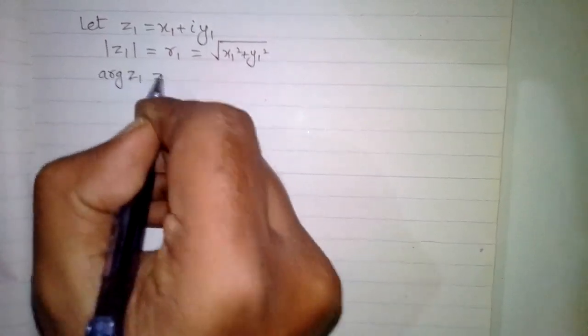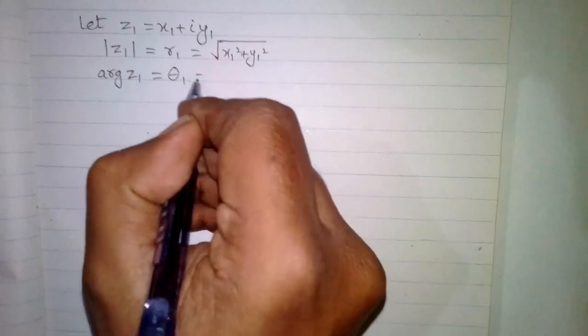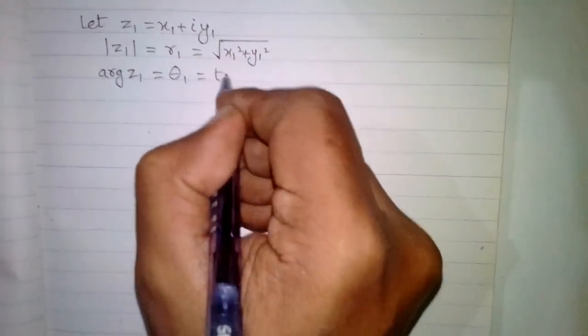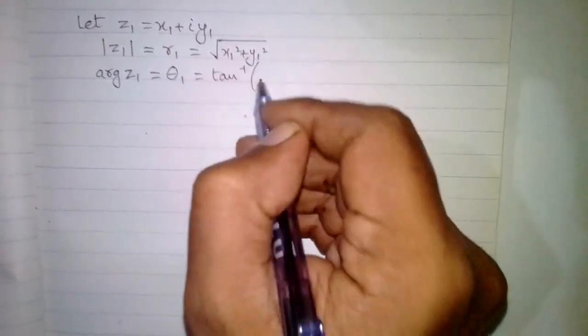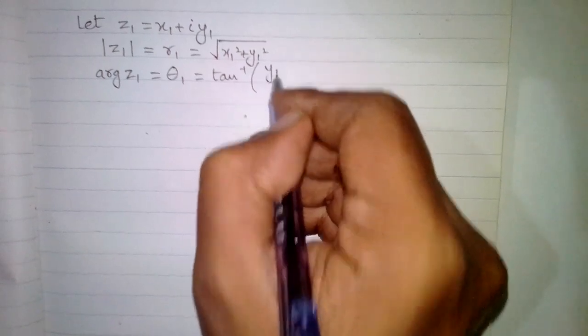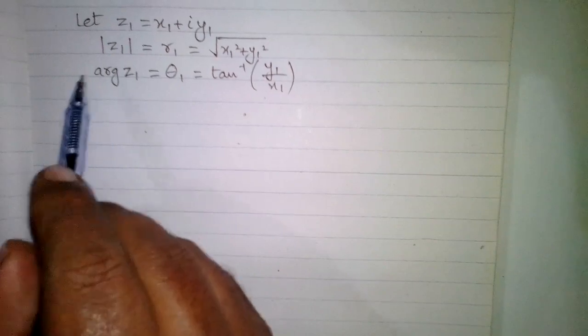Then argument of z1 is equal to theta 1 which is equal to tan inverse of y1 upon x1. So this is the modulus and argument of the complex number z1.